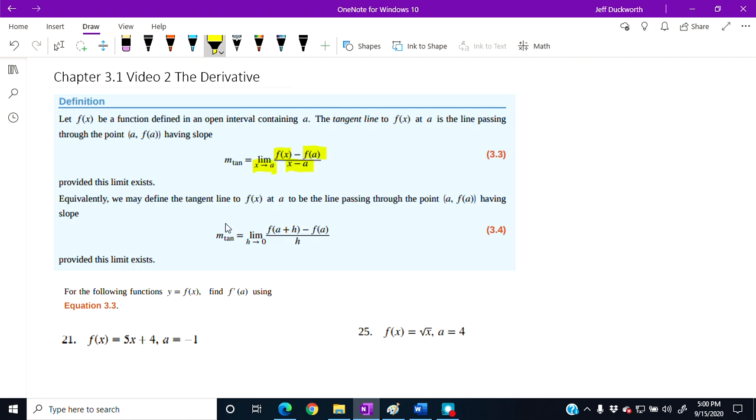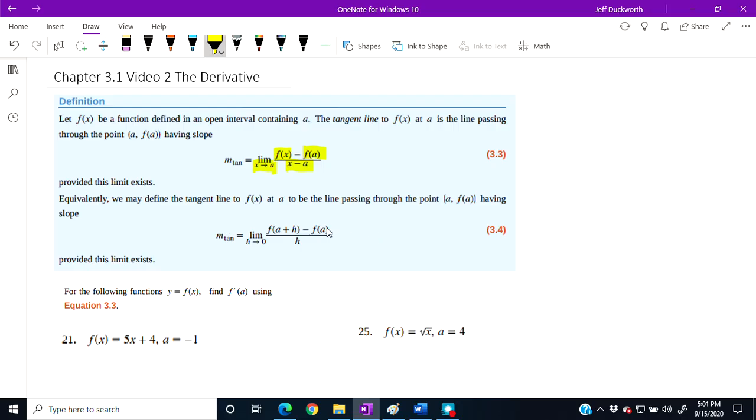But if you look at the bottom, if we plug in a for that, a minus a is going to be 0. So that's where we're going to use our limits from the previous chapter to try to solve for that. We'll use the different tricks that we used back then.